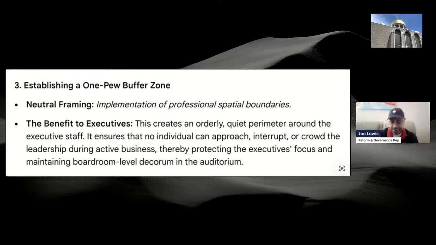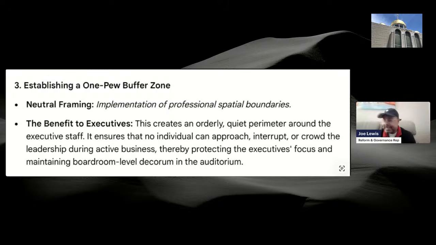The one pew buffer zone. A buffer is an area in between, and it does not allow for a whole lot of interaction. The neutral framing, implementation of professional spatial boundaries, right? It allows the boundaries to remain intact between the people and the officers of the organization.